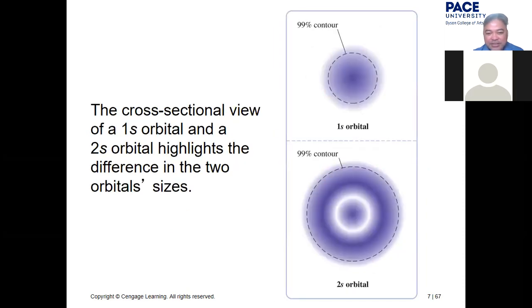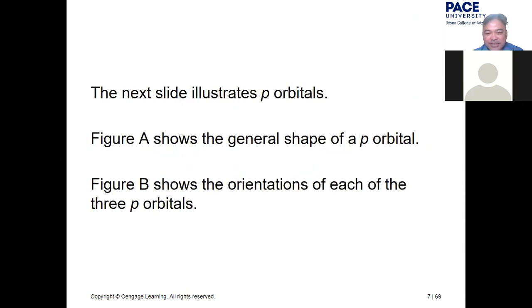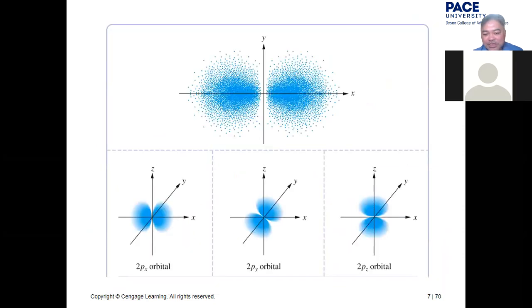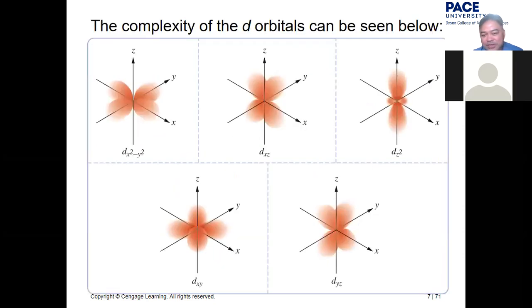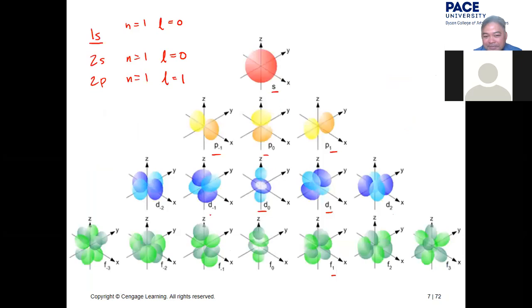So this is the sphere, and this is the peanut. And then this one, we could say the double peanut, and then a dumbbell with a donut. There's a donut there, and then there's a dumbbell inside of it. And then this one is the flower. So those are the magnetic shapes.